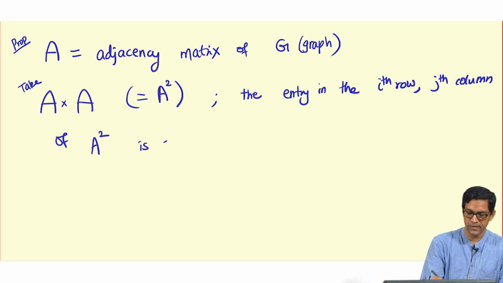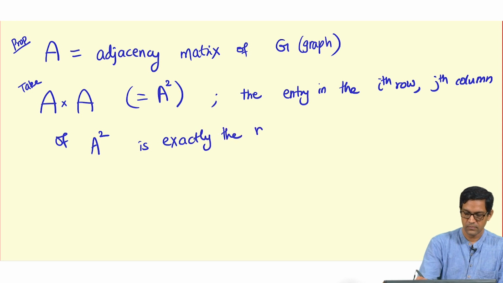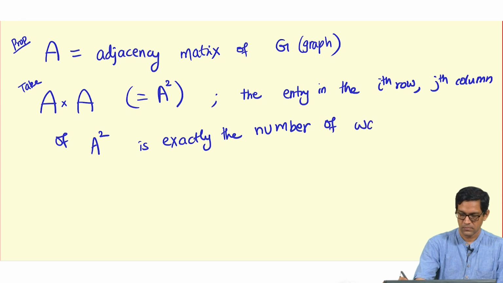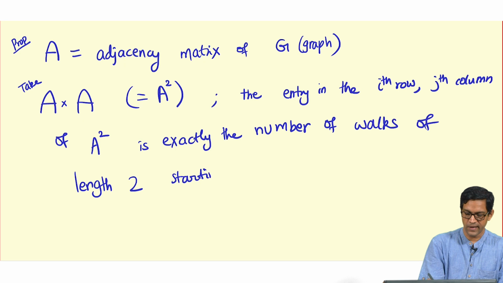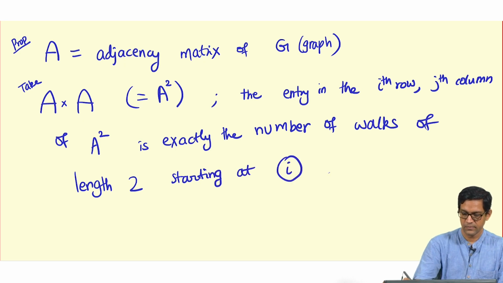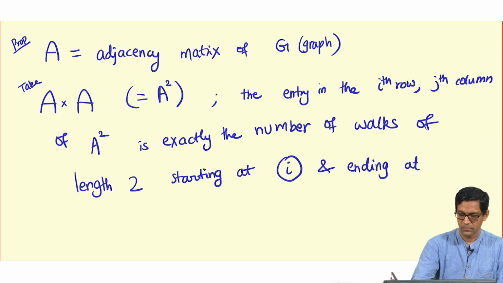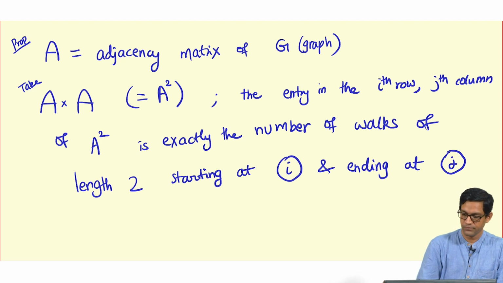It is exactly the number of walks of length 2 starting at the vertex i and ending at the vertex j. Okay.